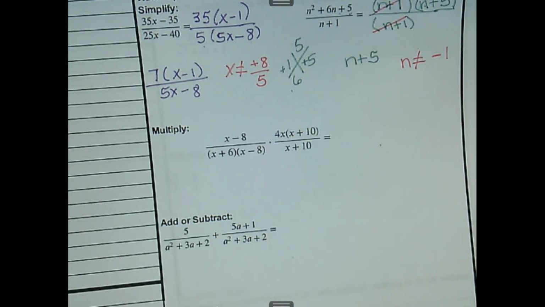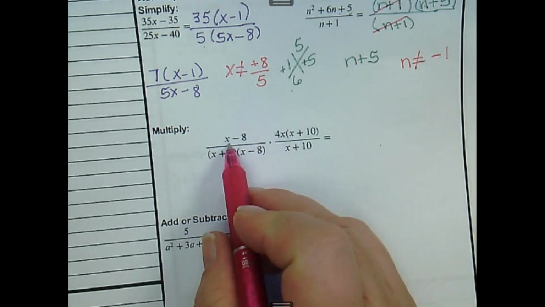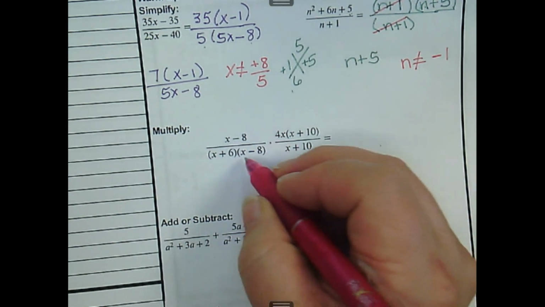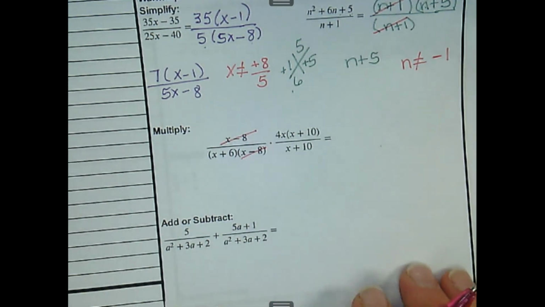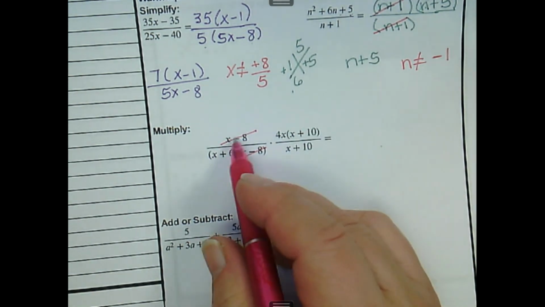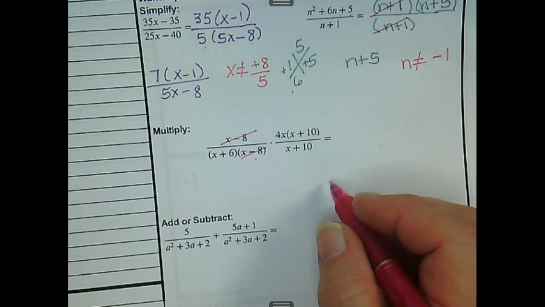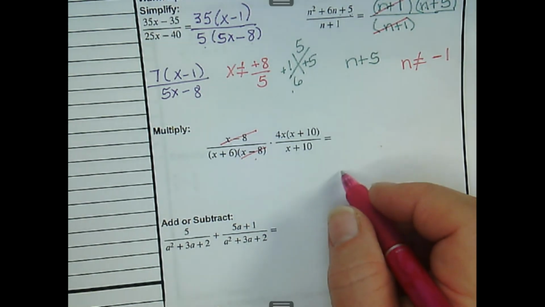As you're multiplying, you want to see what you can eliminate. So I'm looking at top and bottom. I've got x minus 8 up here, x minus 8 down here. Those are gone. That's a number divided by itself.